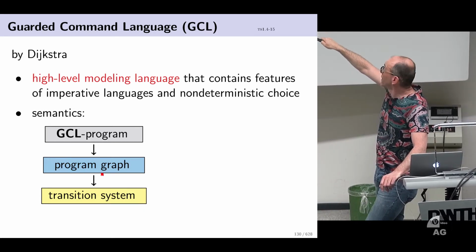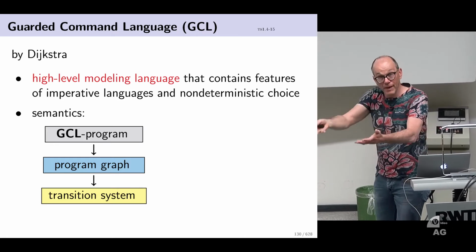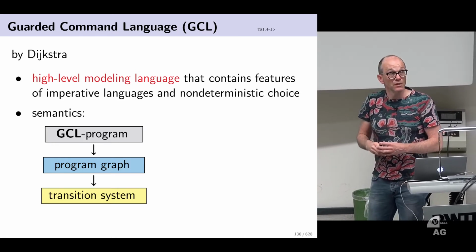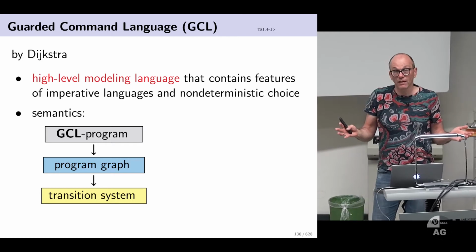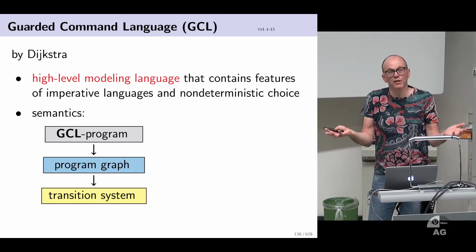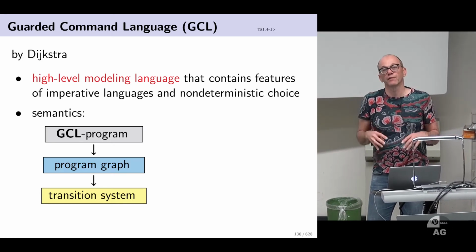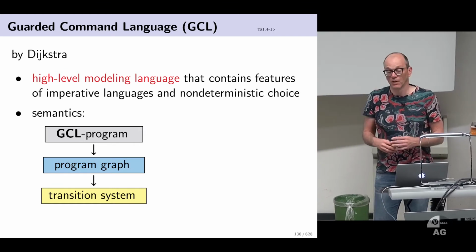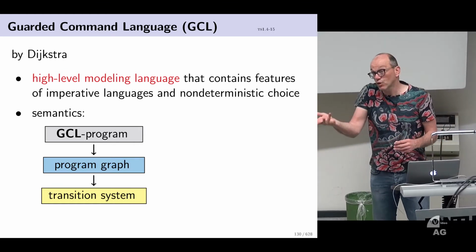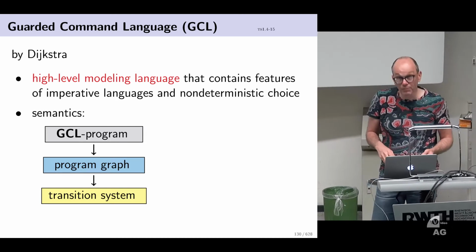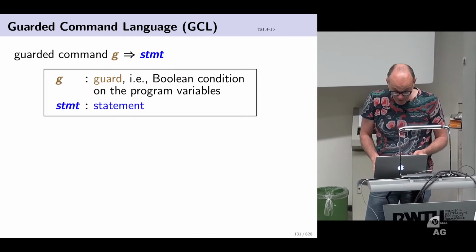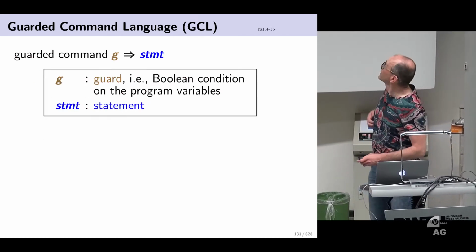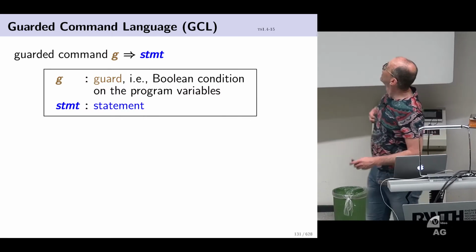And what we just have seen, every program graph can be mapped onto a transition system. So what this slide is basically saying, no matter which GCL program you give me, in the end I can reduce it or map it onto a transition system, which is an adequate representation of the possible behaviors of my program. So let's have a more detailed look at this guarded command language.